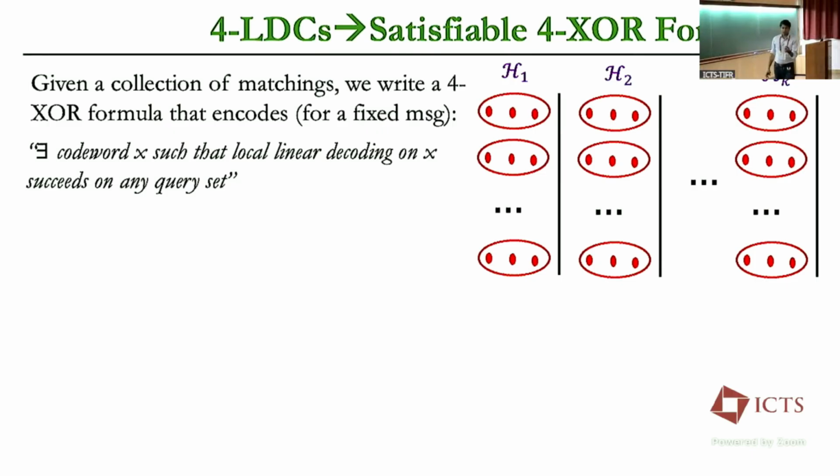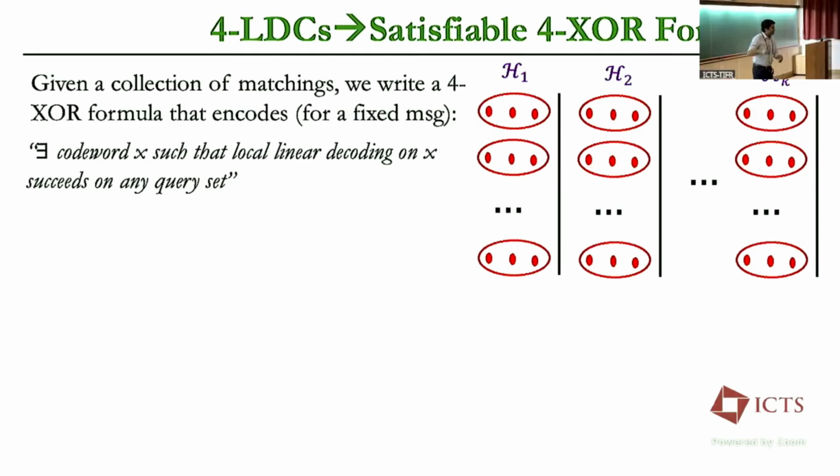Given a message, the formula encodes the following statement. There exists a code word X, namely the encoding of that message, such that if I apply the local linear decoding on X for decoding the ith bit, what is the local linear decoding for decoding the ith bit? Well, go to the ith matching, take any tuple, and add the corresponding bits.